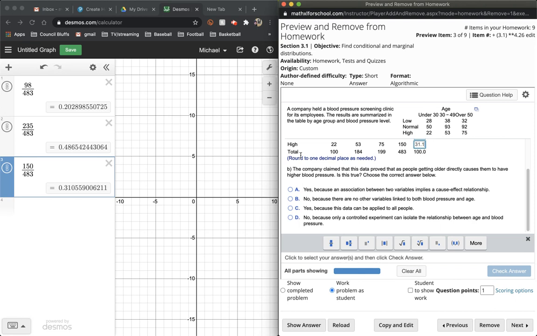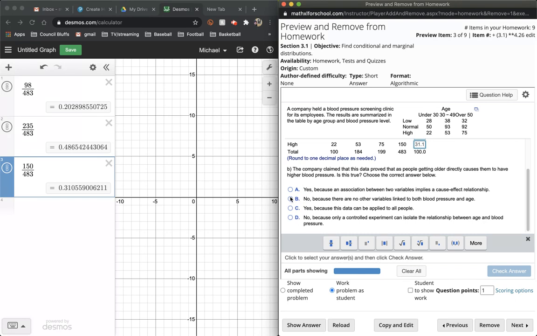We, of course, know that there are other variables or other factors at play besides how old you are. So the answer is no, this is not true because there are other variables at play.